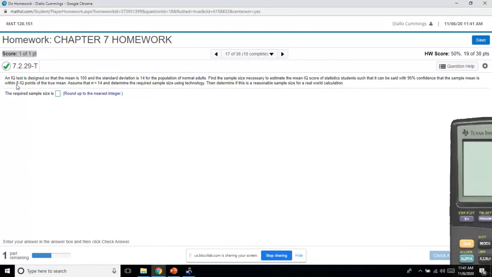And our margin of error would be 8 because we want the sample mean to be within plus or minus 8 points.